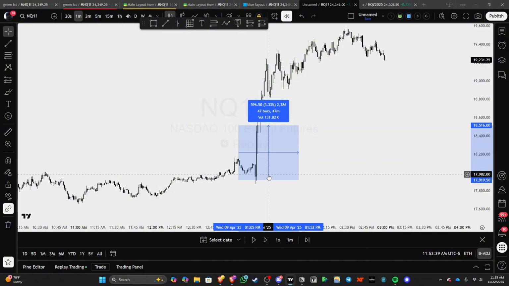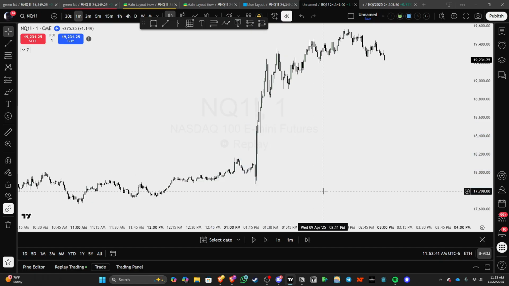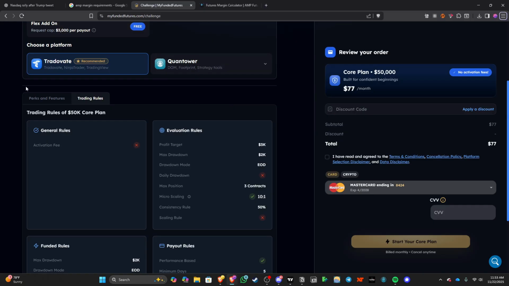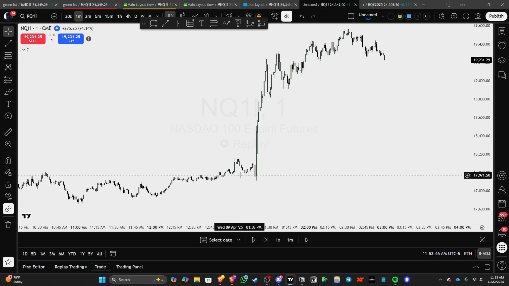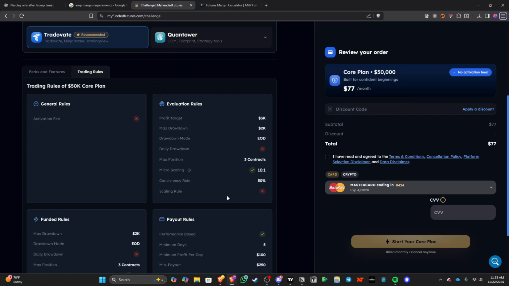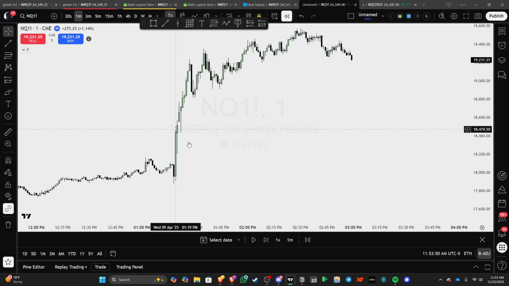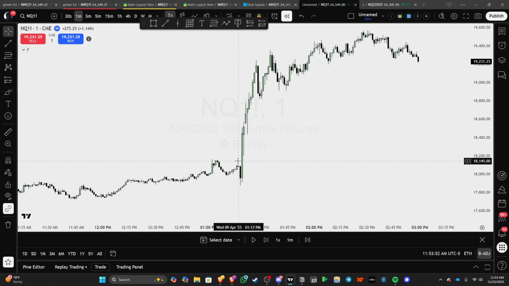Now with a funded futures account, you would have blown your account as well. You would have killed the account because there's slippage. Even though you have a stop in place, let's say you have a 20-point stop in place, if there's a 1,000-point nuke on any market, no one is gonna fill your order. Your order is gonna get filled somewhere much higher, and you're gonna lose more than you intended.